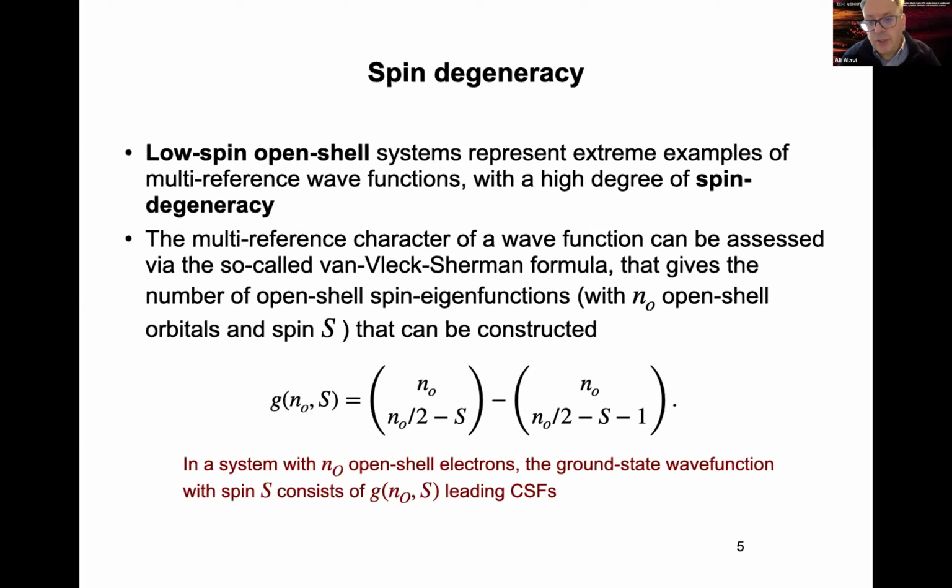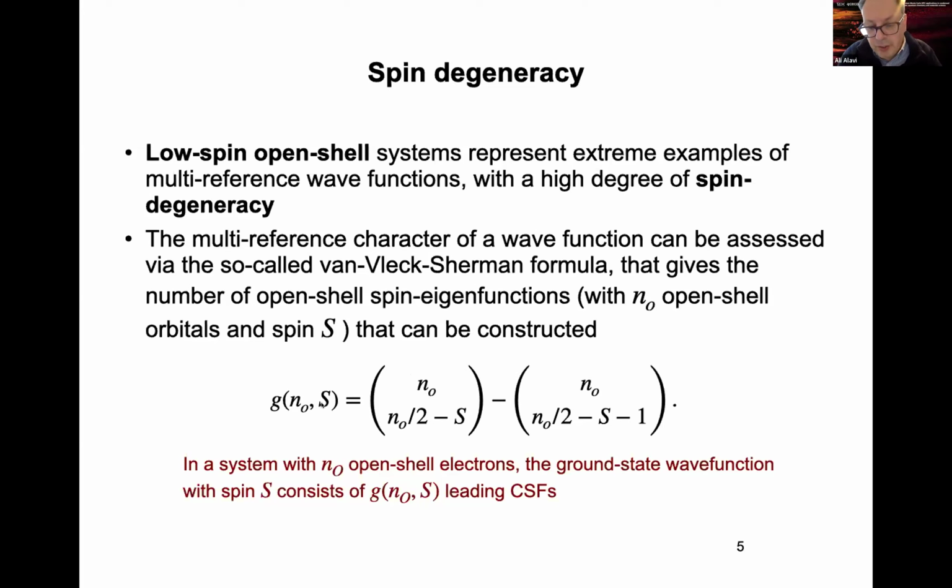Spin degeneracy is essentially the number of ways you can construct orthonormal spin eigenfunctions for a system consisting of a certain number of open shell orbitals, that is, orbitals that are only singly occupied, for a given spin.